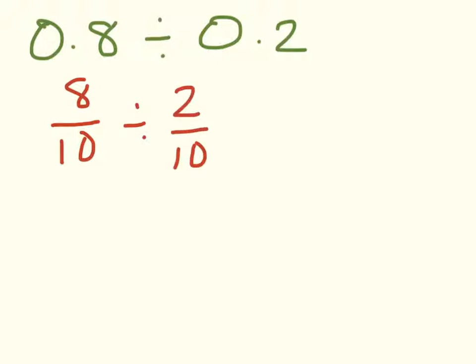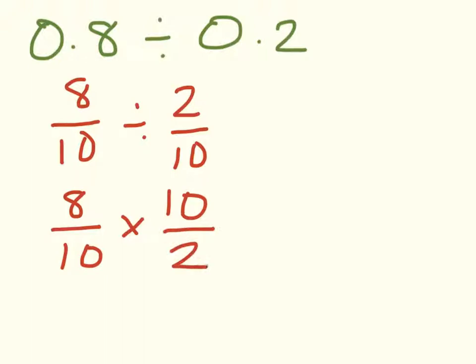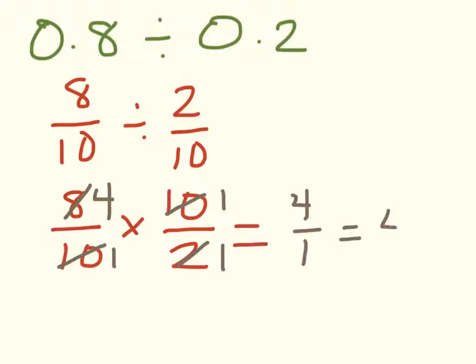We know that division and multiplication are simply opposite processes, and if we take 8/10 times the reciprocal of 2/10, we can cross-reduce, giving us 1 and 1. We can cross-reduce here as well, giving us 1 and 4. And when we multiply everything across, we get 4 over 1, or just 4. 2/10 will go into 8/10 4 times.